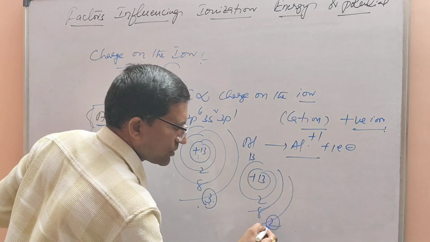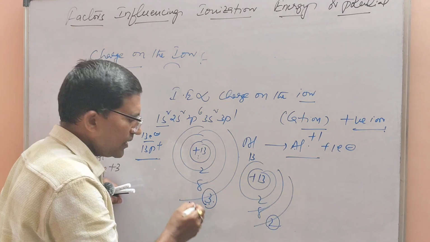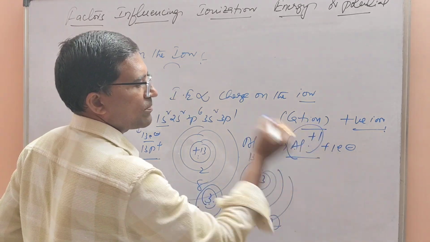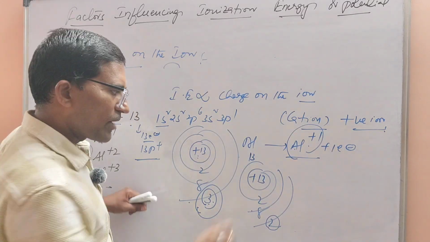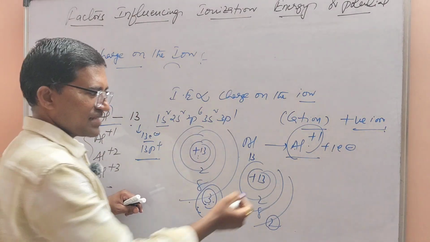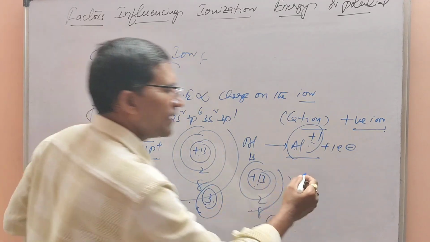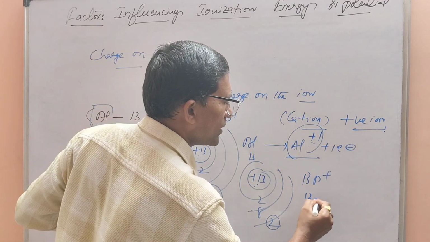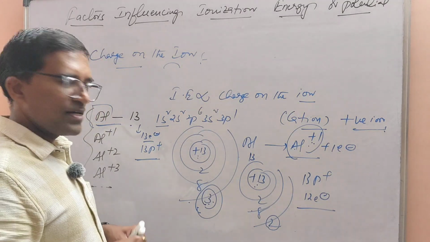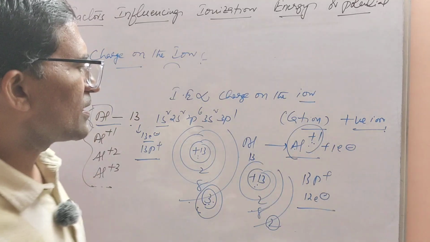We can't remove the electron as easily here compared with the neutral atom. You require more energy because the attractive force towards the nucleus increases as the charge increases. There are 13 protons and only 12 electrons, so more attractive force towards the nucleus.